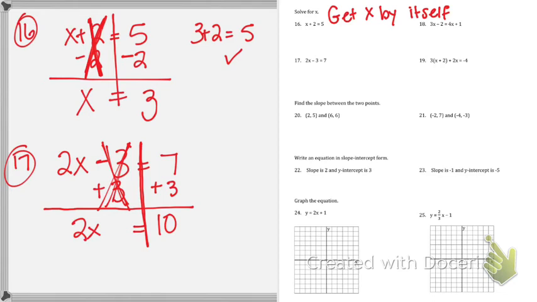The opposite of multiplying is dividing. Whatever you do to one side, you do to the other. These 2's cancel, and you are only left with that x. Notice there's nothing crossing that x out, just the 2's. So x equals, what is 10 divided by 2? 5. Good.